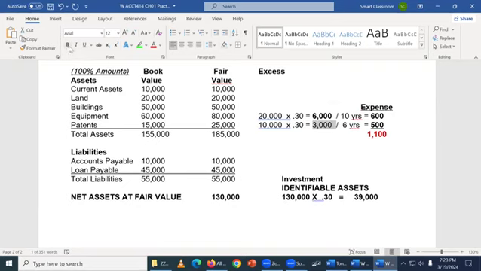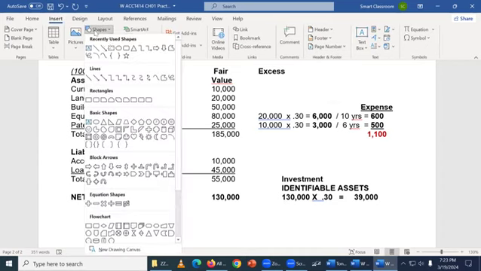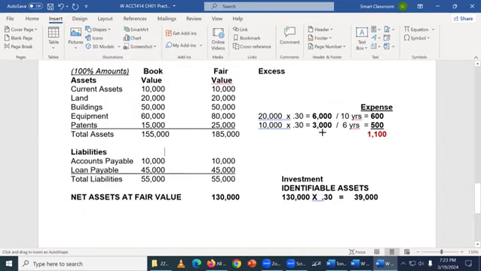The unidentified asset, the goodwill, would not be in there.